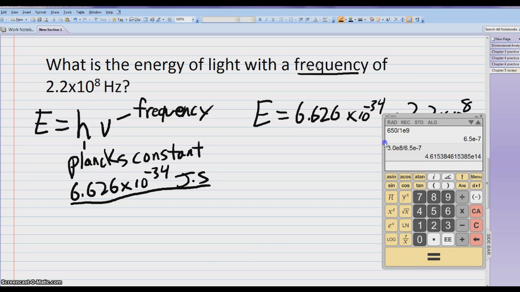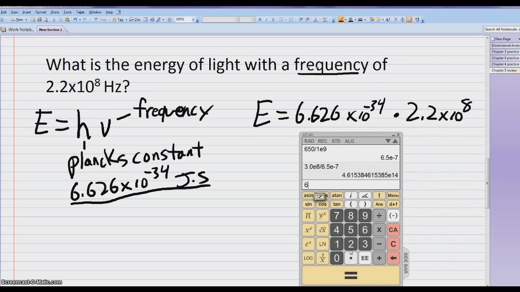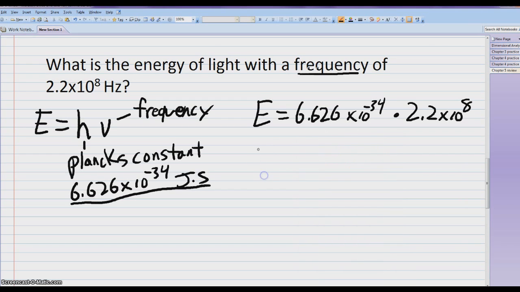Okay, so we get our calculator. 6.626 times 10 to the negative 34th times 2.2 times 10 to the 8th. And that'll equal 1.4546 times 10 to the negative 25th.